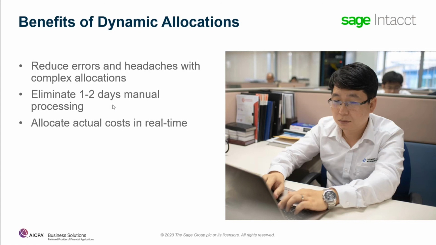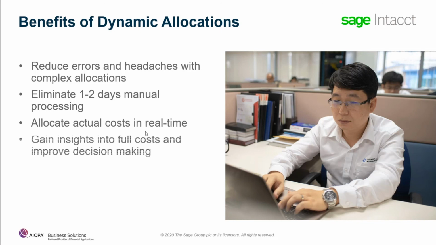Allocating actual costs in real time, right? It's all about having access to real time information in real time, right? So it gives you that ability as well. Gaining insight into the full costs and improving your decision making, right? So I always like to say it enables you to reduce the tactical and increase the strategic. So more about strategic thinking, strategic decision making, having real-time access to data, fully loaded, basically across your programs and so forth.